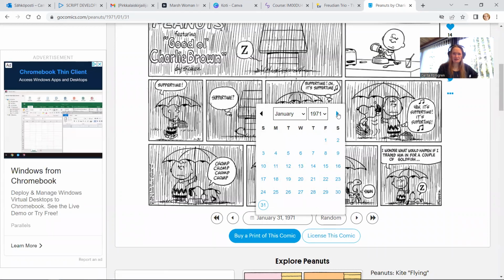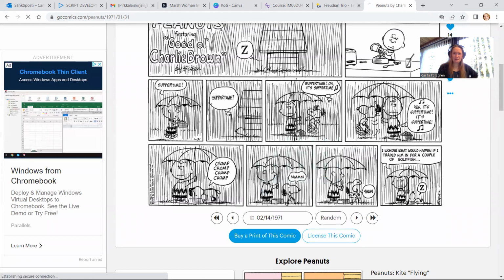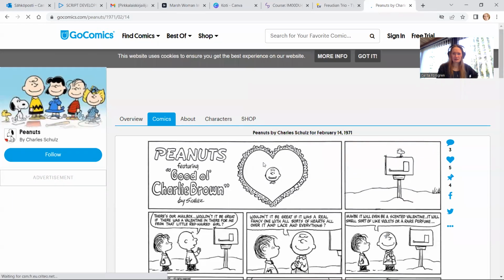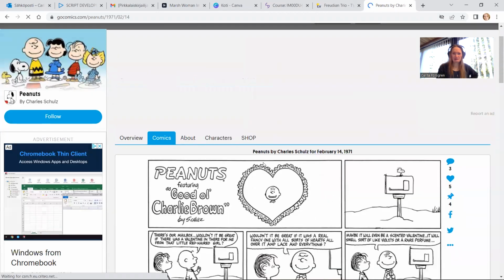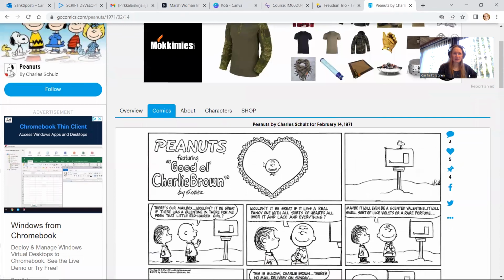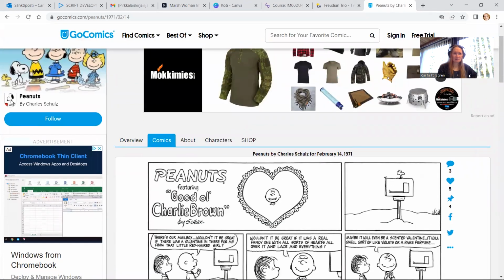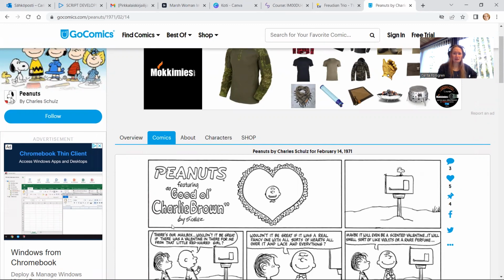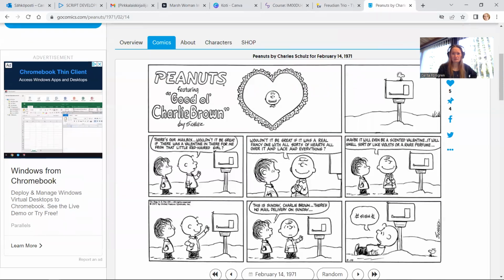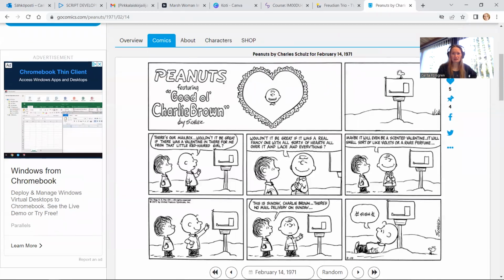Okay, let's go a little bit further in time. Here we have Charlie Brown and Lucy's little brother, Linus Van Pelt. So this guy is Linus, Charlie Brown's best friend. I'll give you time to read it.